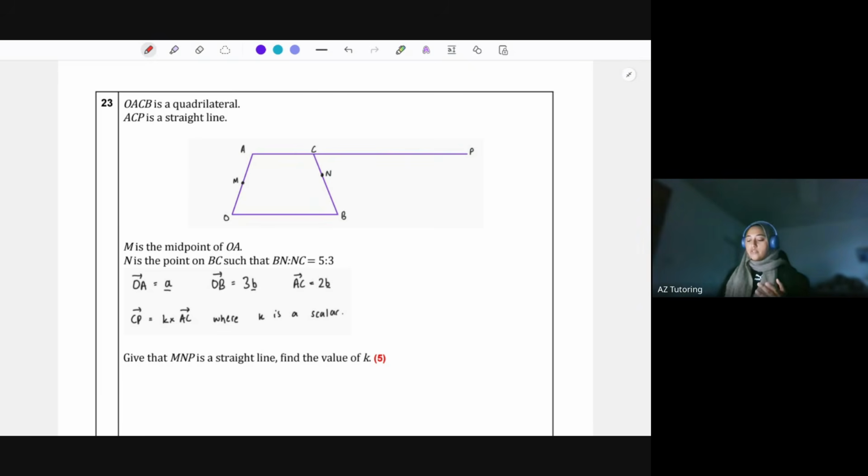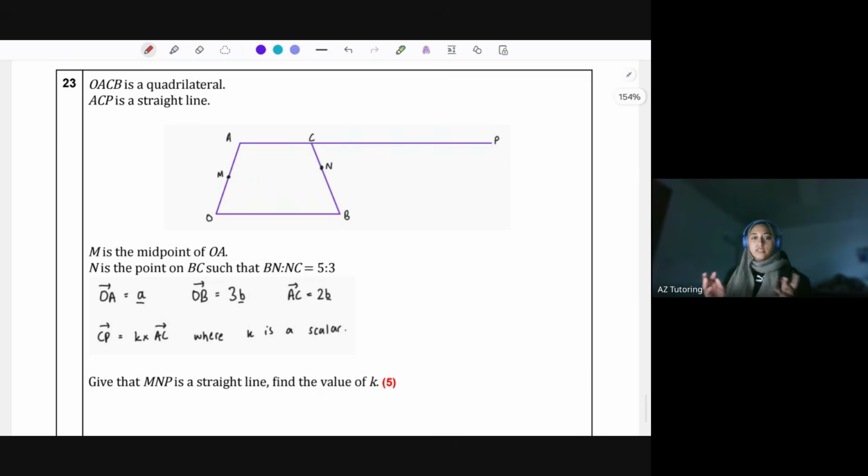Now, what I'd recommend as you're reading the question, try and figure out certain vectors as you're going along. So M is the midpoint of OA, meaning that this is half distance and that's half distance. N is the point on BC such that BN to NC is 5 to 3 parts. So BN, this part here, is 5 parts and NC is 3 parts.